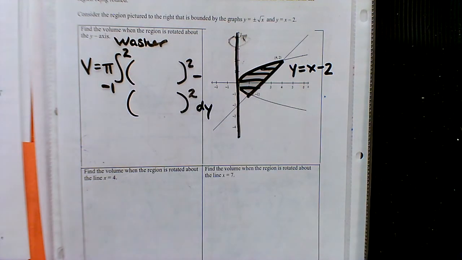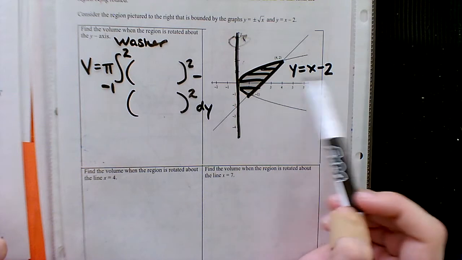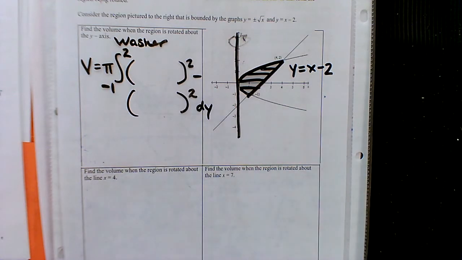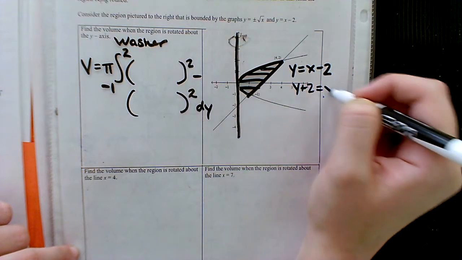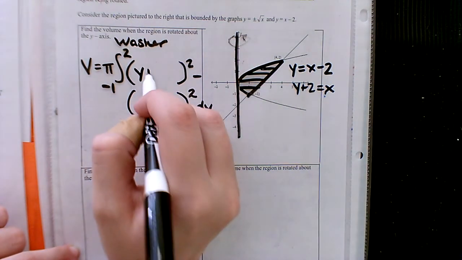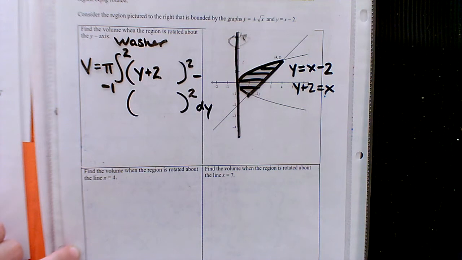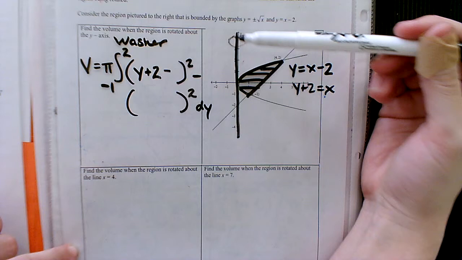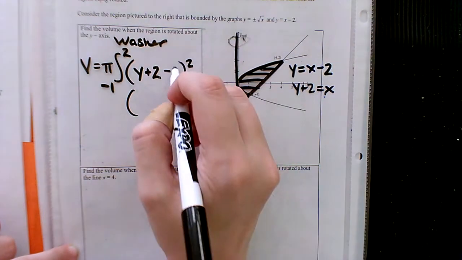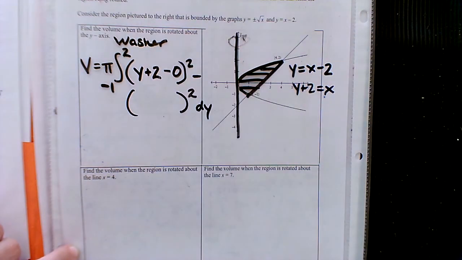We're measuring it to the y-axis. Can we somehow change this around so it has a y variable in the function? Yeah, y plus 2. We can add the 2 over. So the outer radius or function is y plus 2. And then we have to subtract the axis we are revolving around. If that's the y-axis, that simply has a value of 0.